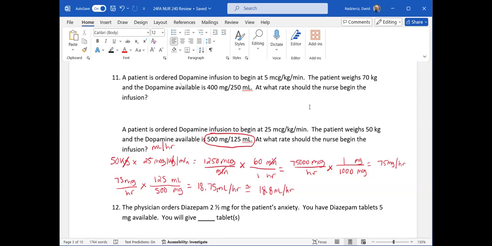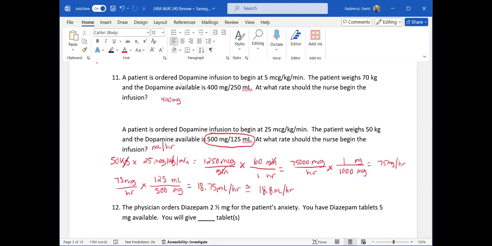I converted 400 milligrams to micrograms, multiplying by 1,000. I set up my formula with kg, I canceled kg, and I converted 400 milligrams to micrograms.